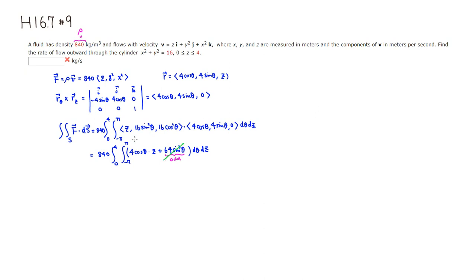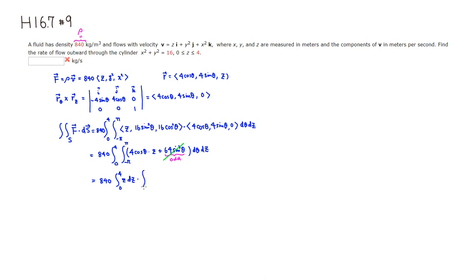Then here we can separate, so this is going to be 840 times, I'm going to do z first, the integral from 0 to 4 of z with respect to z. These are separable.